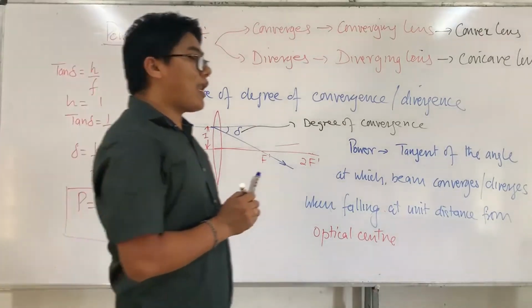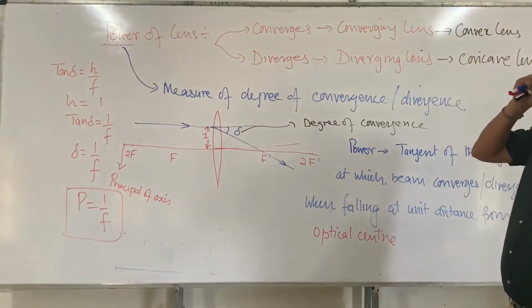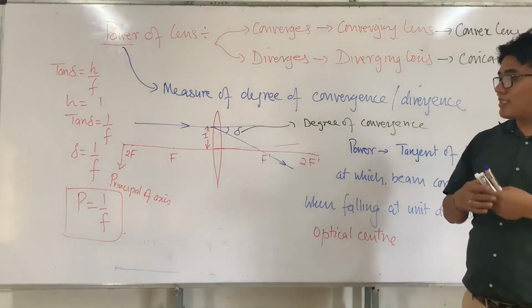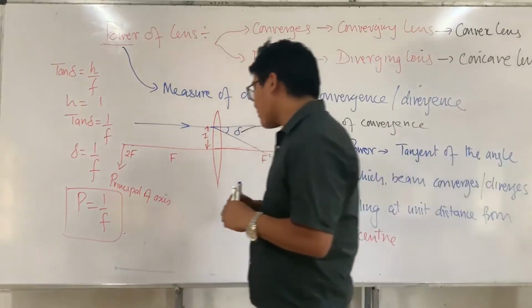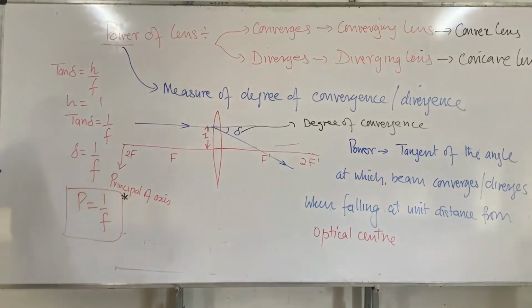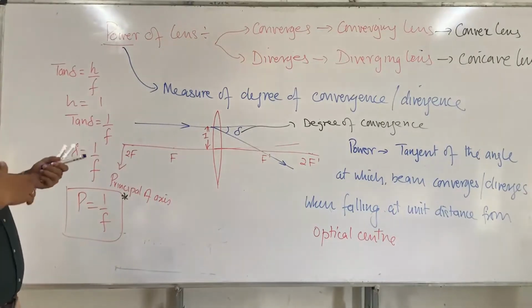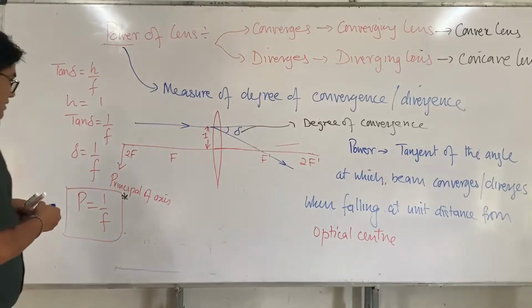So maybe in the lower class you might have defined power as the reciprocal of f. Power is defined as the reciprocal of f. This is what we define as power. So therefore we say that the degree of divergence or degree of convergence is more if f is less, right?